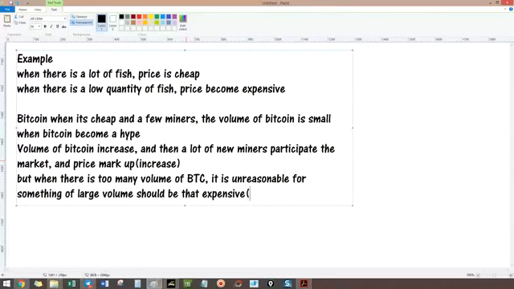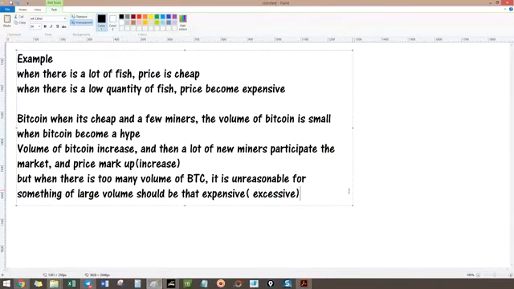So what does the market do? Okay, this is excessive. So after excessive, price will drop.